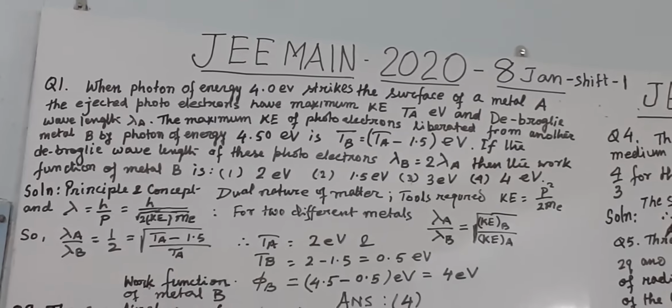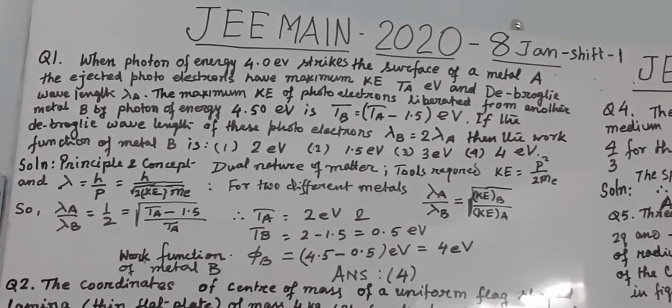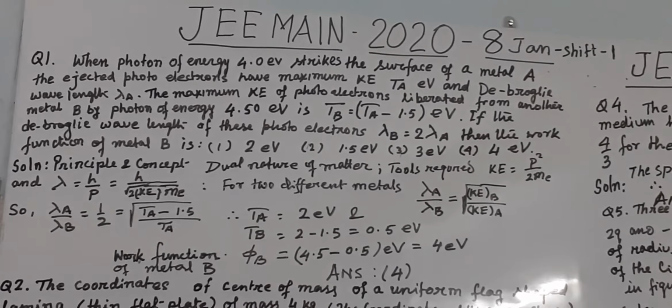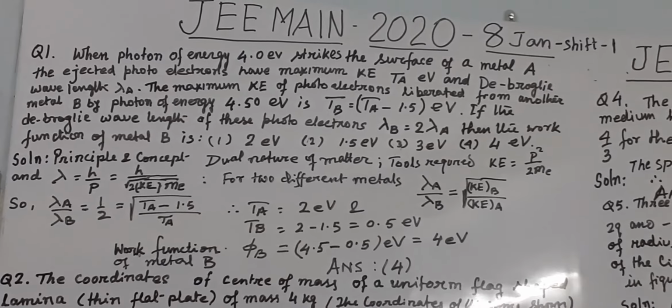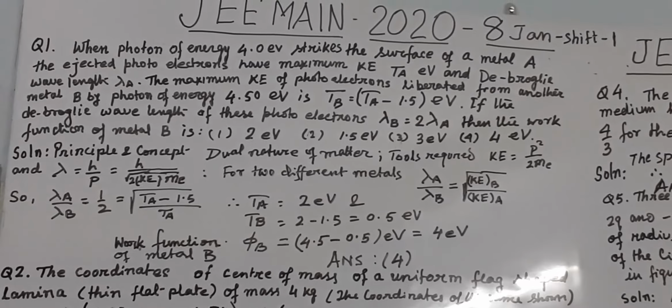If the de Broglie wavelength of these photoelectrons lambda suffix B equal to 2 times lambda suffix A, then the work function of the metal B is, there are 4 choices, we have to see the correct one.